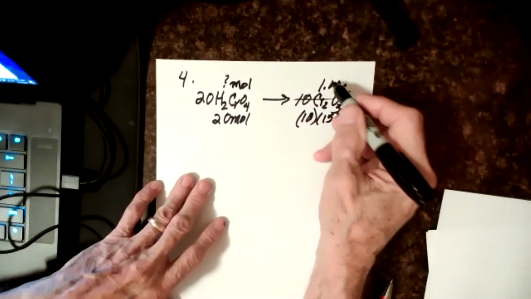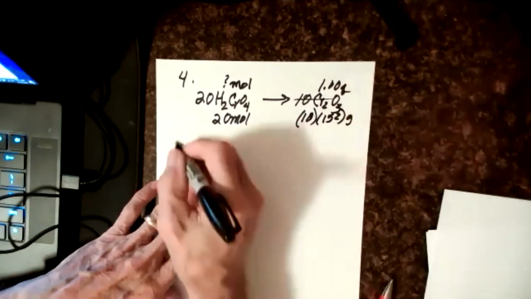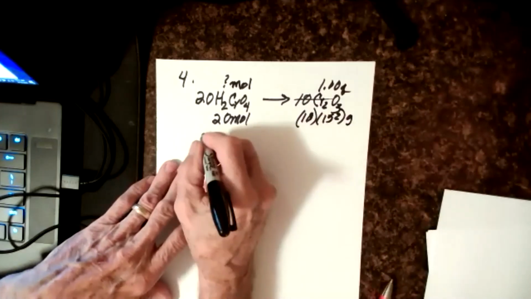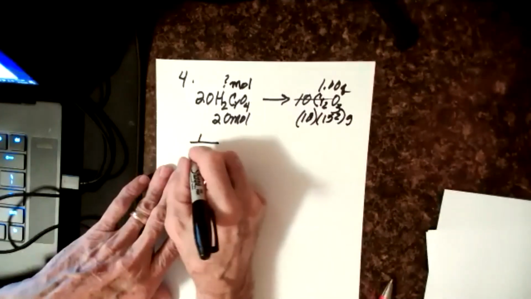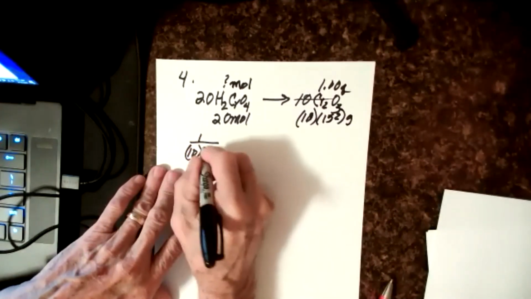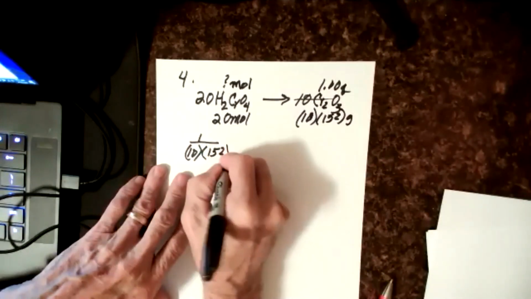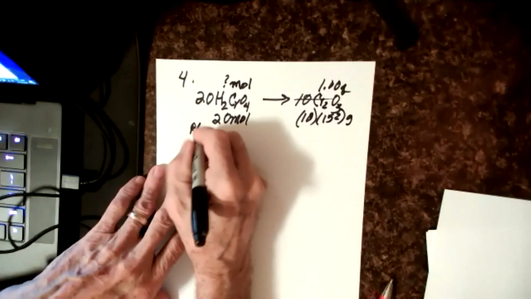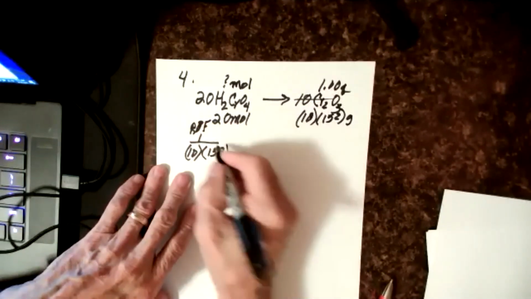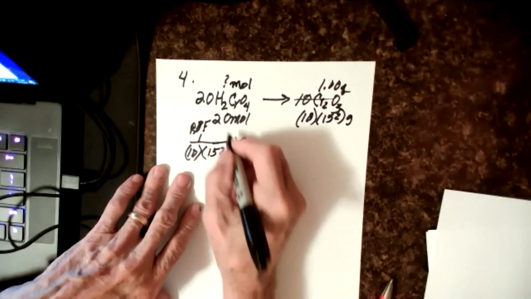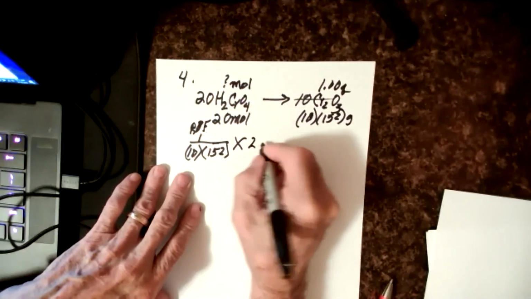So this in the same unit gives me that. There's my rebalancing factor, 1 divided by 10 and divided by 152. That's the RBF. My answer is the RBF times what's under the question mark, 20 moles.